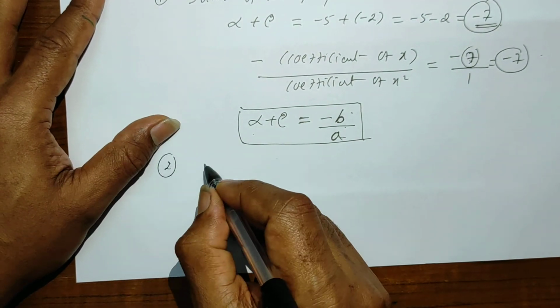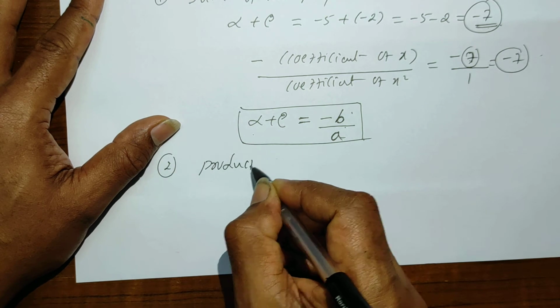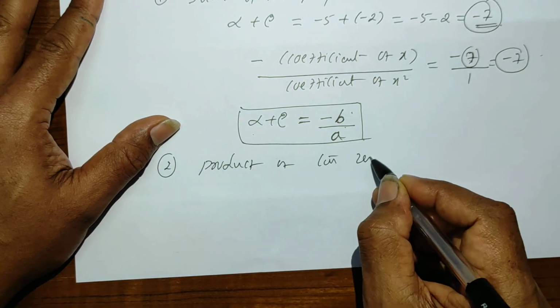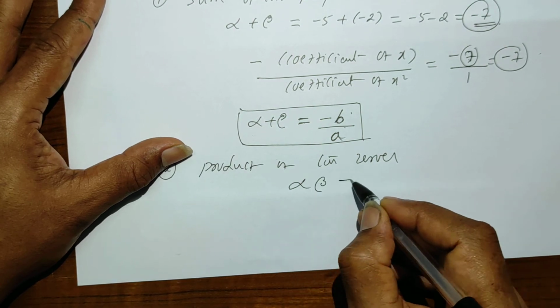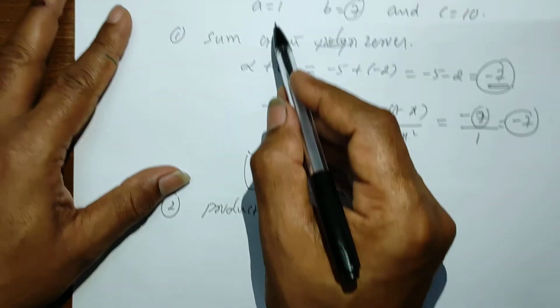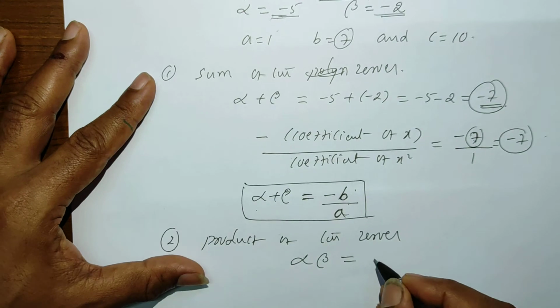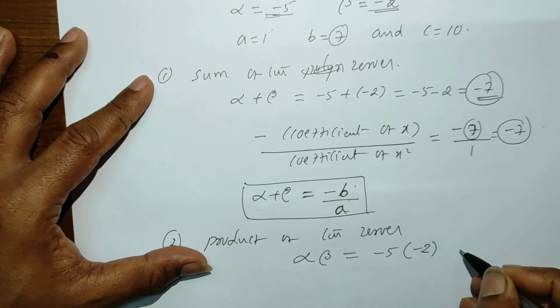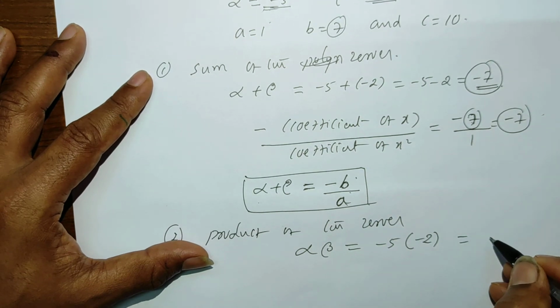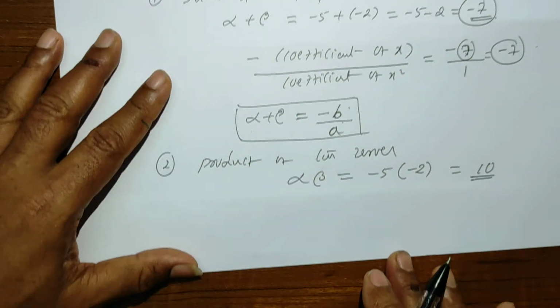Second one, let me consider product of the zeros. That is alpha into beta. See, here alpha is minus 5 into beta is minus 2. You'll get plus 10.